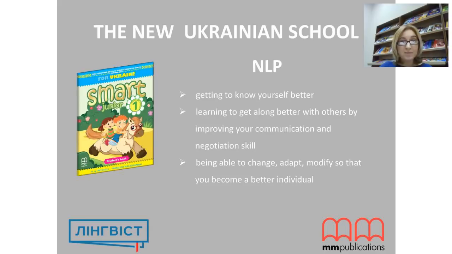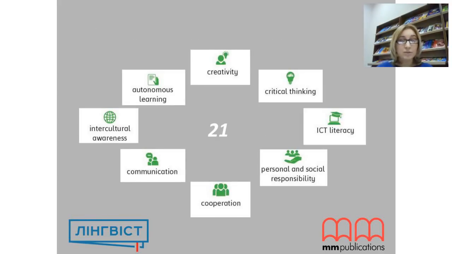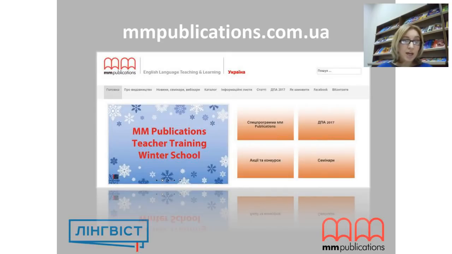There are some trial classes, and we are happy to present to Ukraine a special edition of Smart Junior, which is built based on the neuro-linguistic programming theory, but you shouldn't be afraid of it, because it aims at faster development of personal qualities, critical thinking and all the 21st century skills, because all of them are included in the book, even for first grade students.